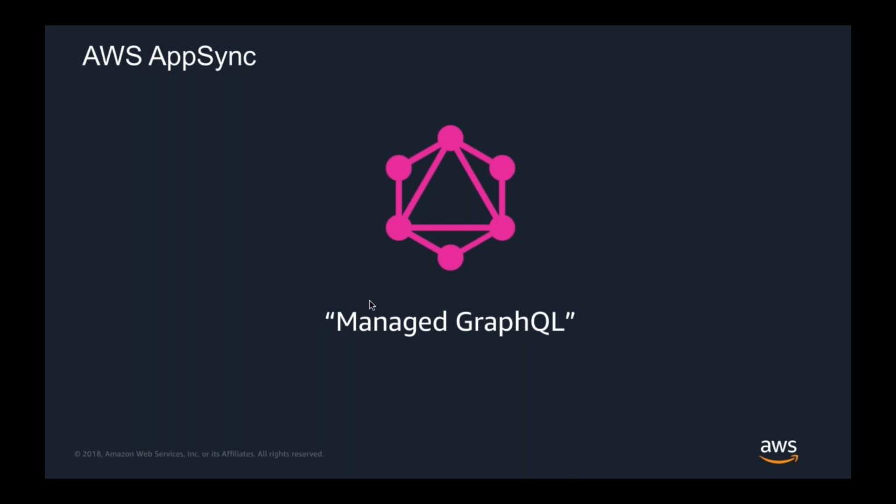For anyone that's not familiar, I'll just highlight what GraphQL is very, very briefly. GraphQL is a responsive data query language, and it really operates at the application layer. So you can use GraphQL to build a responsive API for use in your client applications.